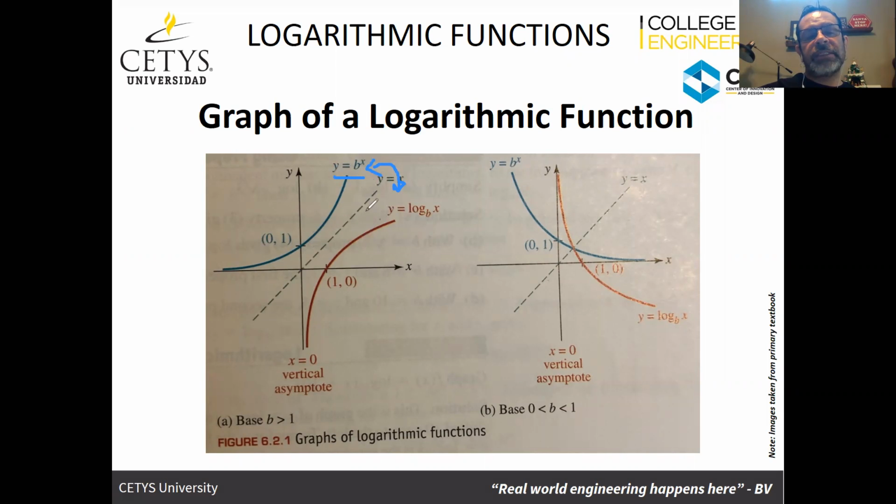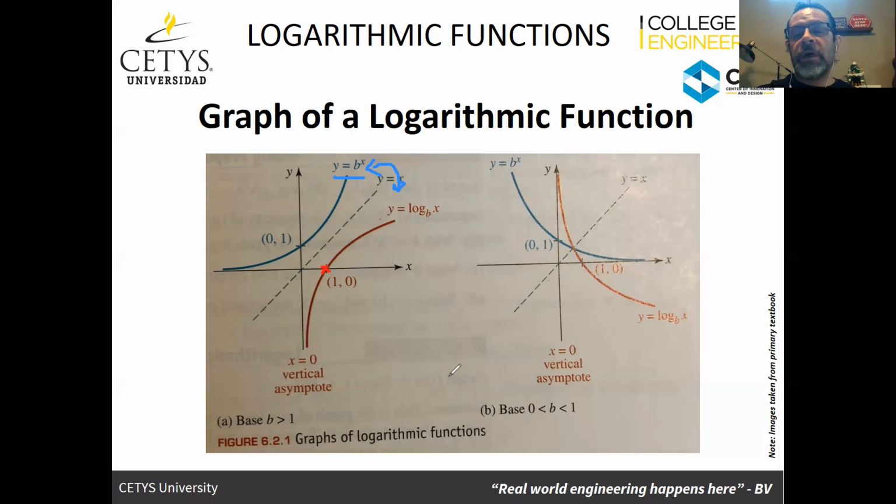So what we're going to see is that the logarithm starts off at a very large number and then starts growing. It crosses at 1 and then keeps growing, but at a slower rate. And the same as in the exponential function, where the asymptote was the x-axis, now the asymptote is going to be the y-axis. It's never going to cross the y-axis.